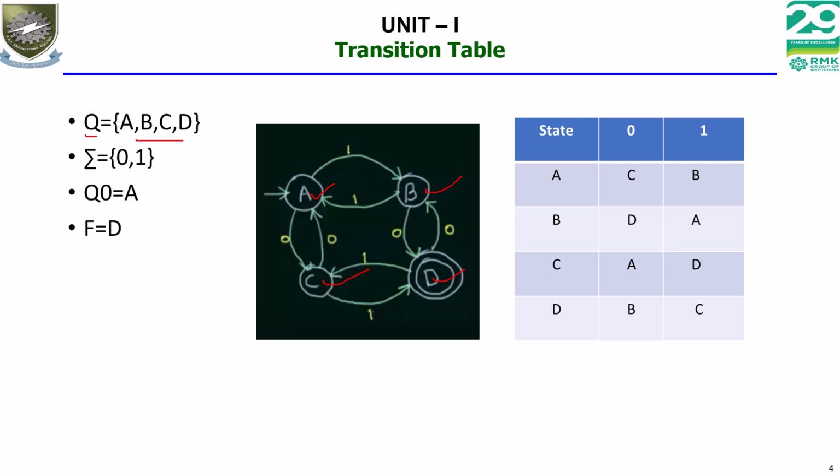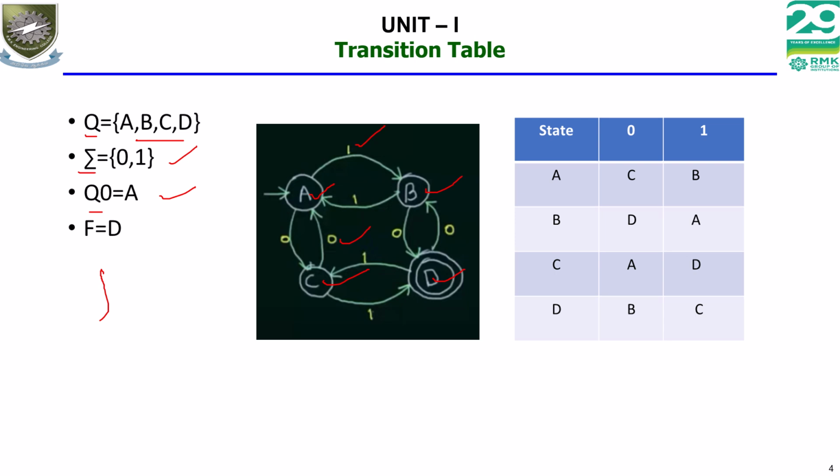Then sigma. Sigma is the input. So in our example, the input is 1 and 0. Here Q0. Q0 is the initial state. Here in this example, A is the initial state and the final state is D.